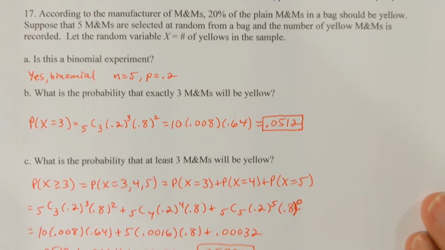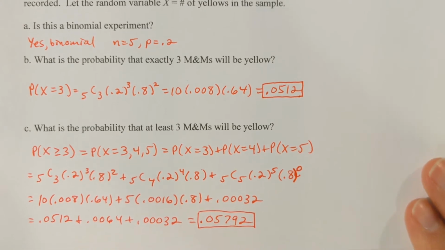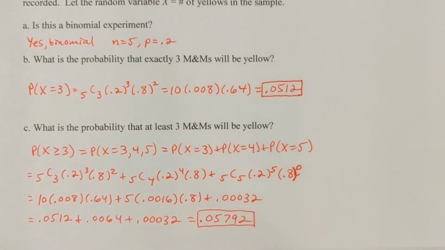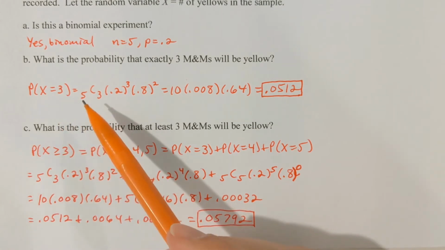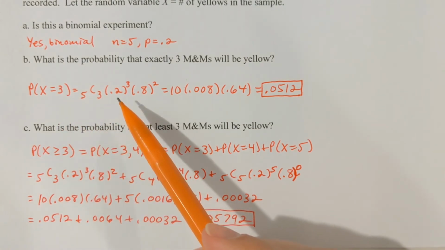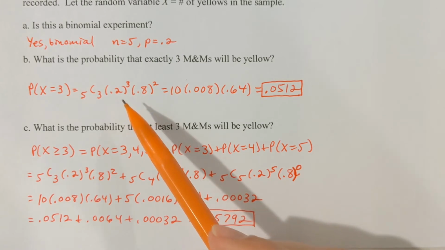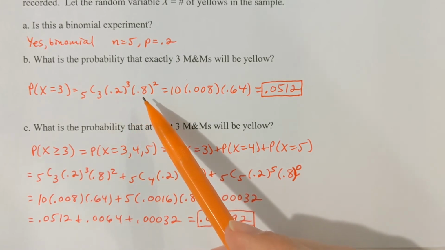So part B, then, we're going to compute some probabilities now. What is the probability that exactly 3 M&Ms will be yellow? Okay, so I'm using my binomial probability formula. x is 3, n is 5, p would be 0.2 since 20% of the bag is yellow, and q would be 0.8 since 80% would not be yellow.